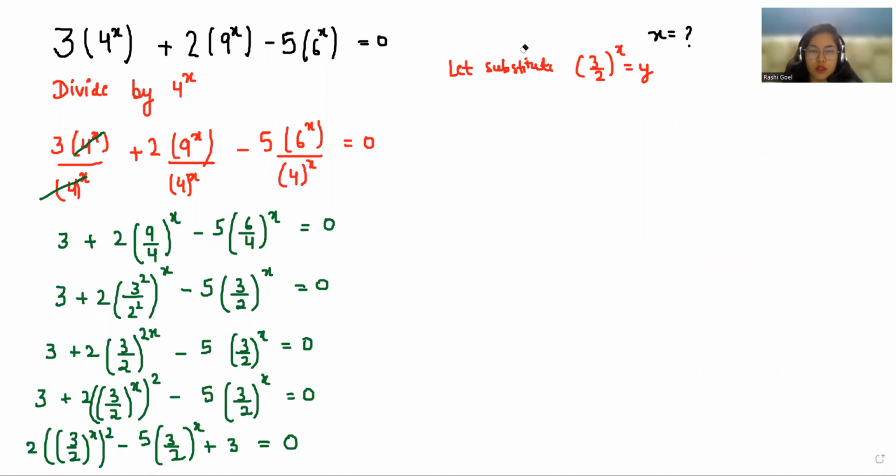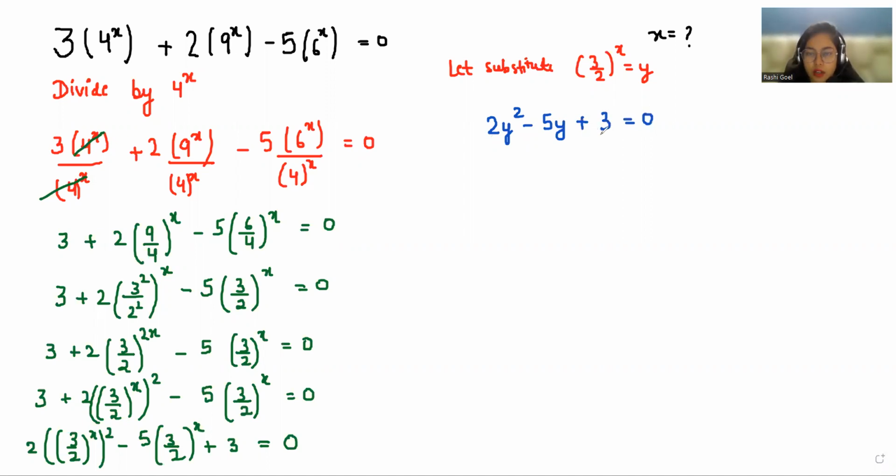So we can write this equation as 2y square minus 5y plus 3 is equal to 0.